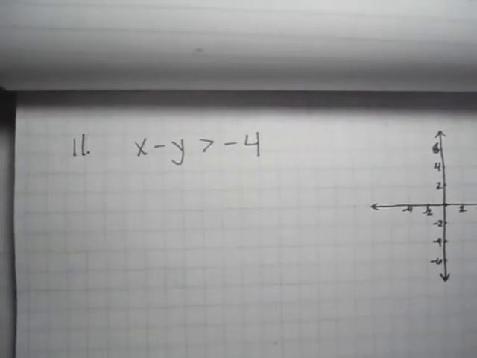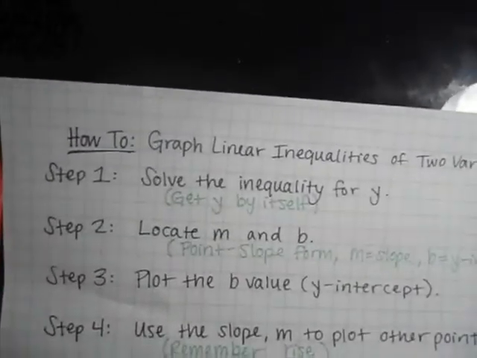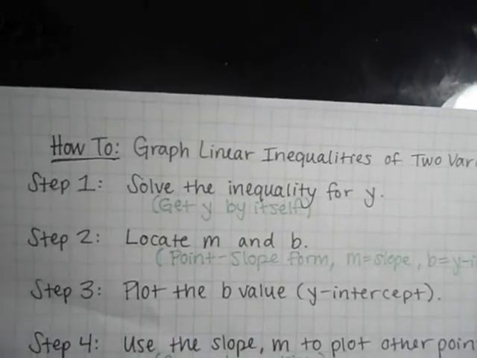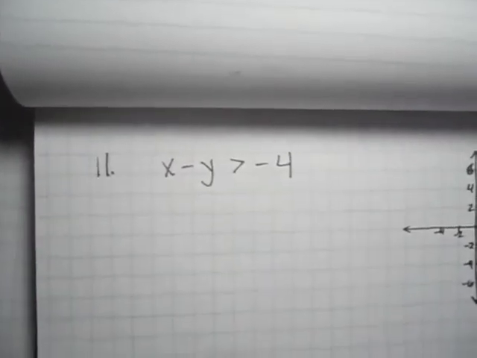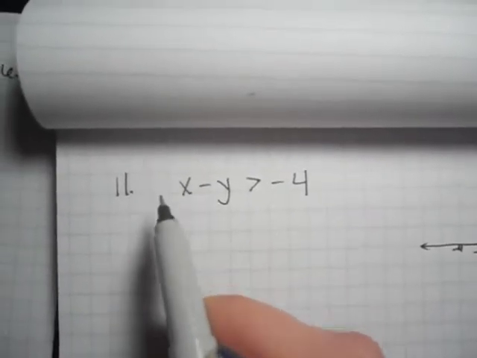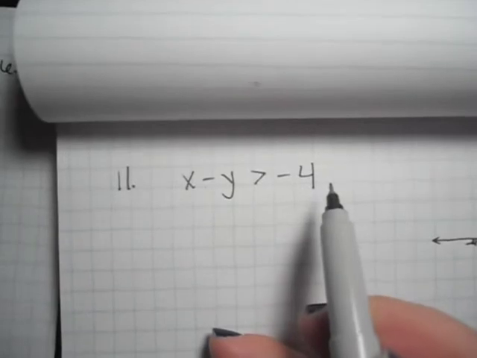Let's refer back to our steps for graphing. Step 1. Solve the inequality for y. Get y by itself. So let's do that. I see that there is an x term that does not have any y's with it, so it needs to go to this side.